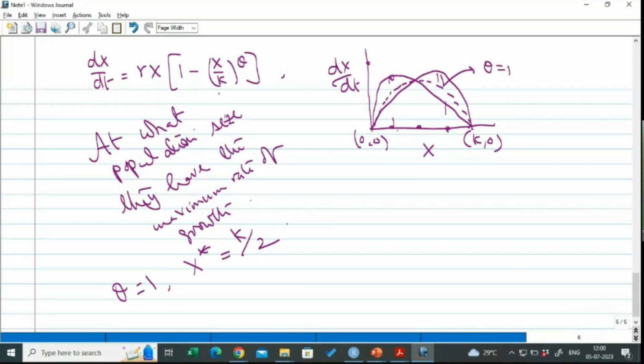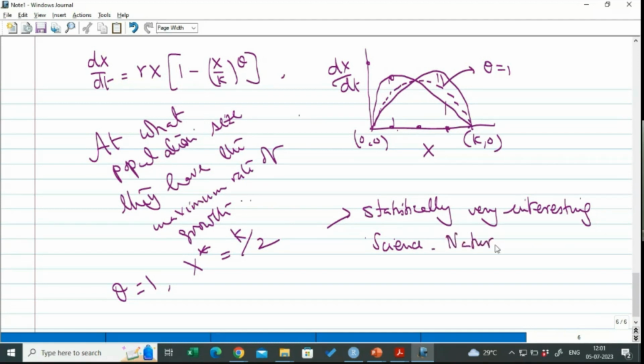This is a very important observation, and several research articles have attributed to it. This is very statistically interesting, and a whole lot of work, including research articles in Science and Nature, deals with the statistical estimation of this parameter theta, the estimation of r and theta.